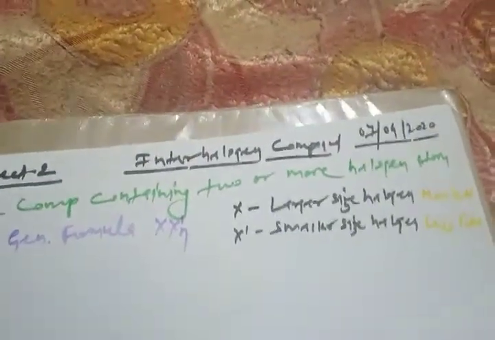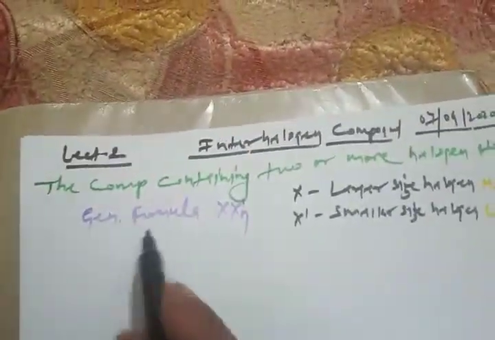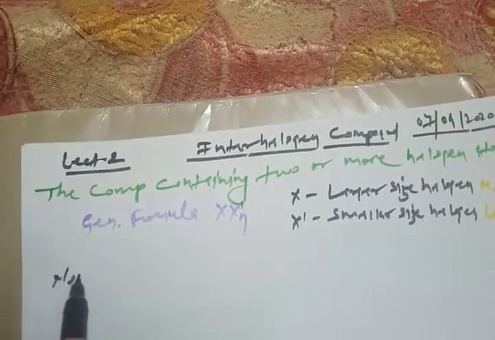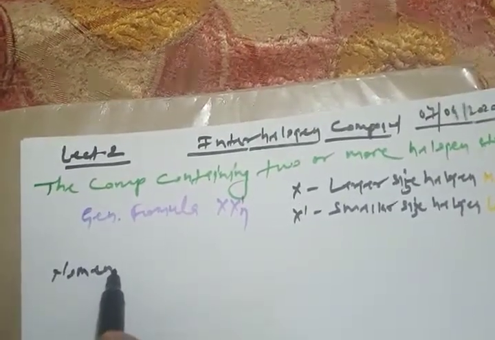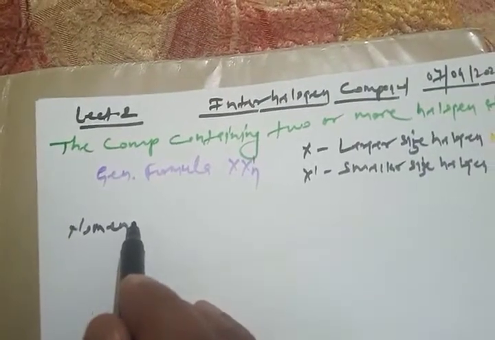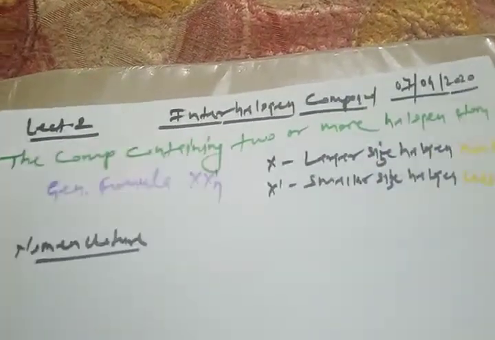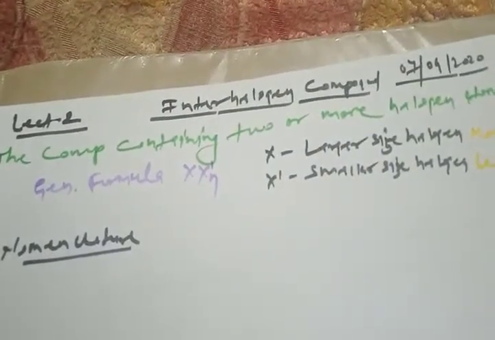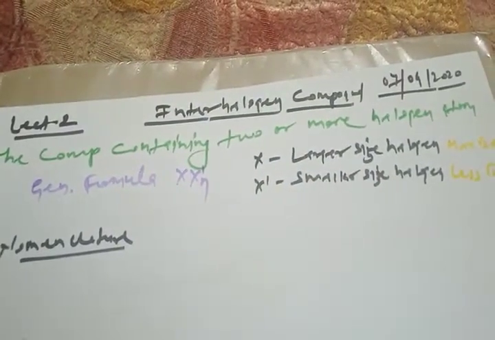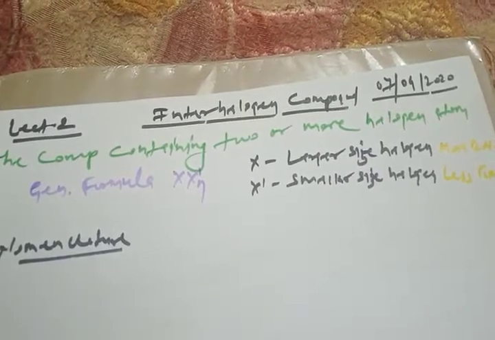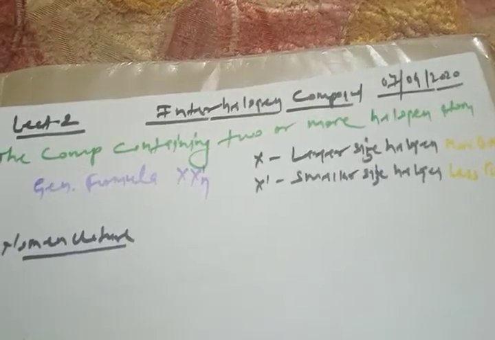The nomenclature is also very important, because we have two halogens, so how will we name them? One is the more electronegative and the other one is the less electronegative.